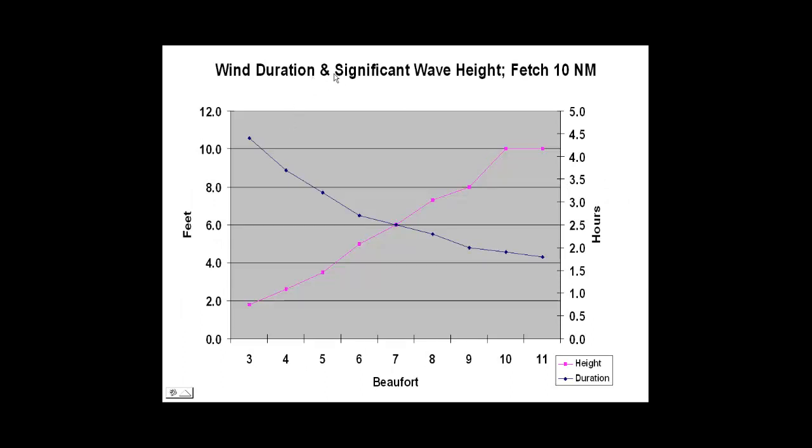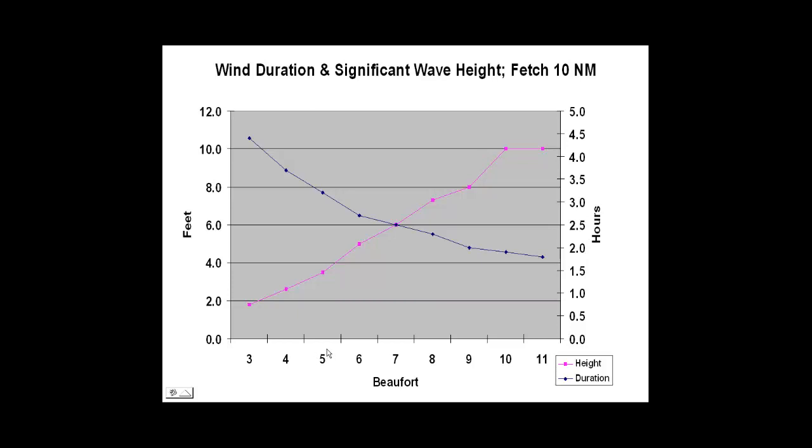Here's wind duration and significant wave height for a fetch of 10 miles. 10 miles of open water. And the left scale is feet, significant wave height. The right scale is hours, that is duration that the wind is blowing.